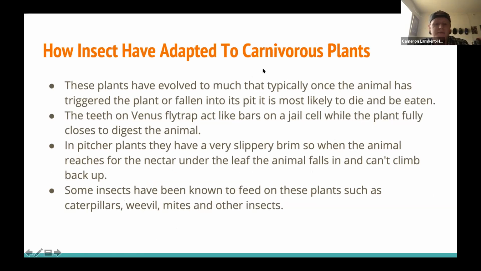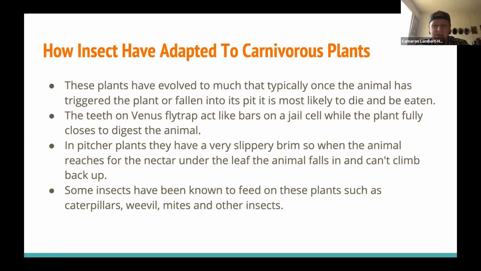Insects have adapted to carnivorous plants, but carnivorous plants have evolved very well to make sure that their prey cannot get out. These plants have evolved so much that once the animal has triggered the plant or has fallen into its pit, it's more than likely going to die or be eaten. Like I said earlier, the Venus flytrap has jail cell bars on it so that the animal cannot get out.